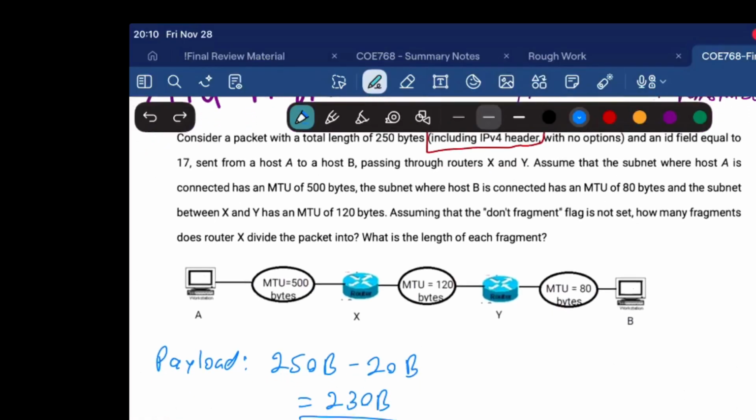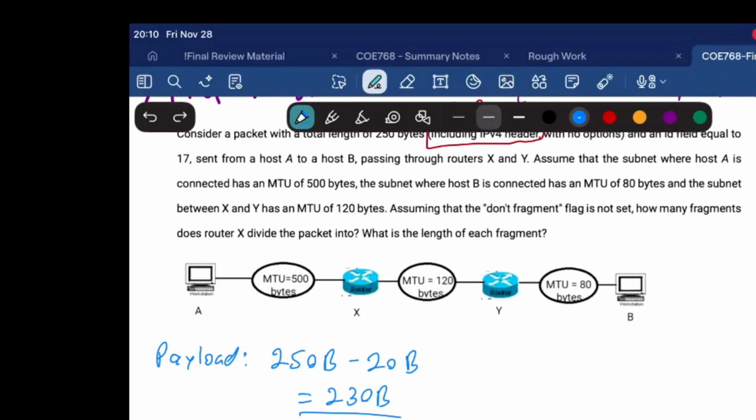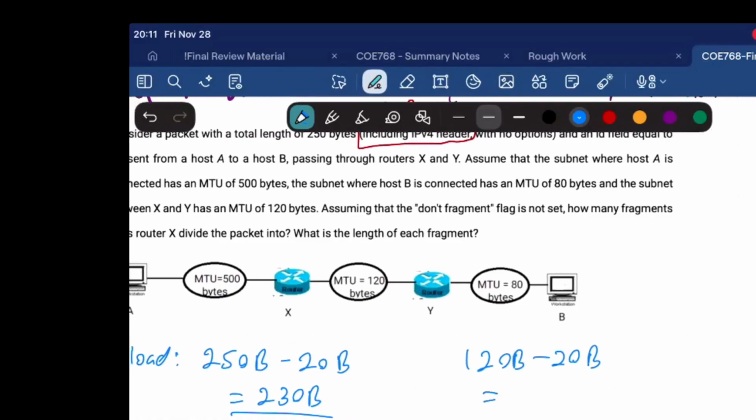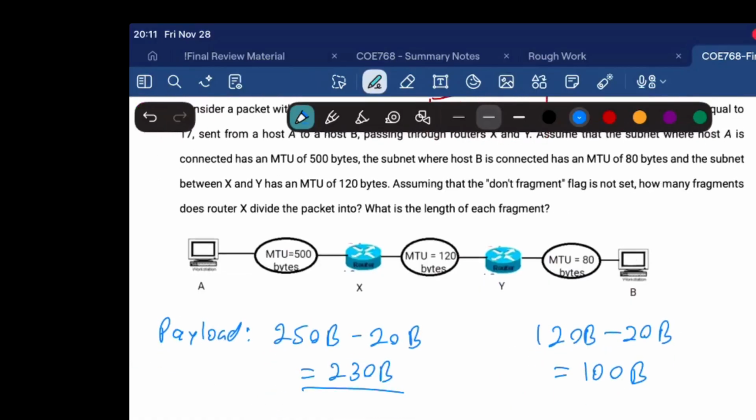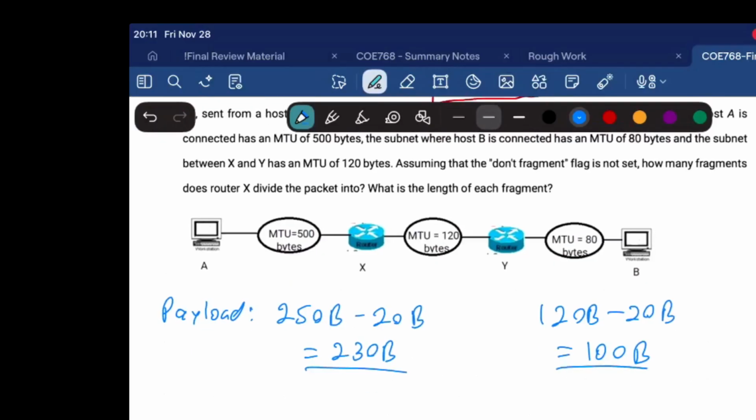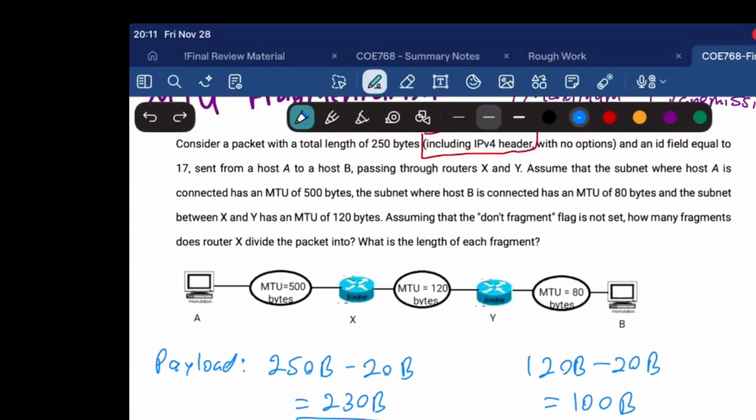The next little bit is going to be figuring out what the payload limit is between these two nodes. So the payload limit between X and Y is going to be 120 minus 20 bytes, which equals 100 bytes between these two. And from here, we can see that since 100 itself is not divisible by 8 evenly, we will round down, what's known as flooring.